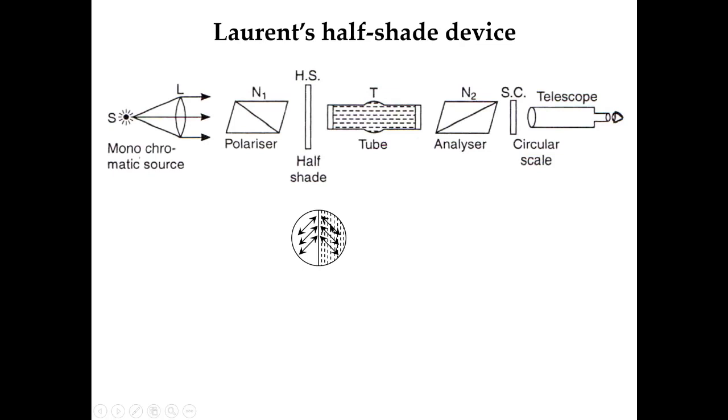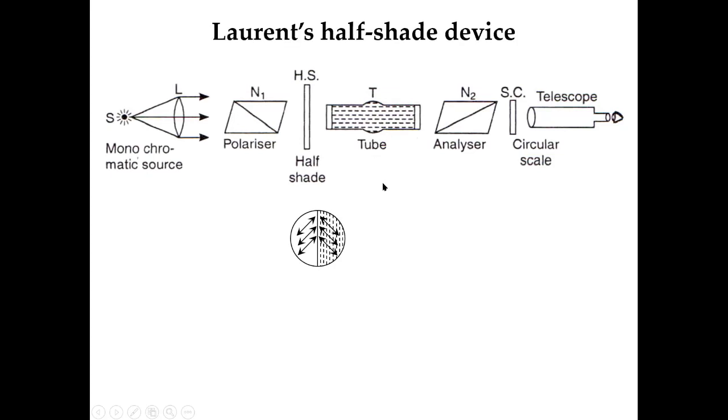When these two types of rays are passed through the optically active material, this material rotates the plane of polarization of both the rays by some angle, depending upon the length of this tube and the concentration of the material in this tube. First, consider the situation when this material is absent from this place.